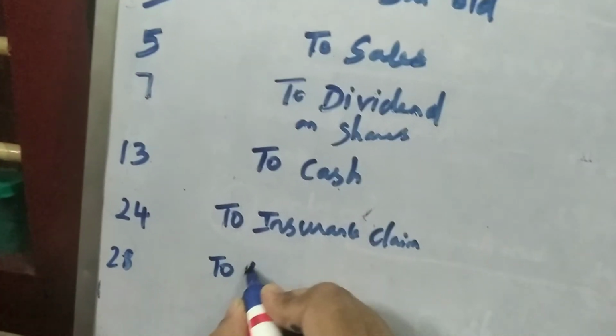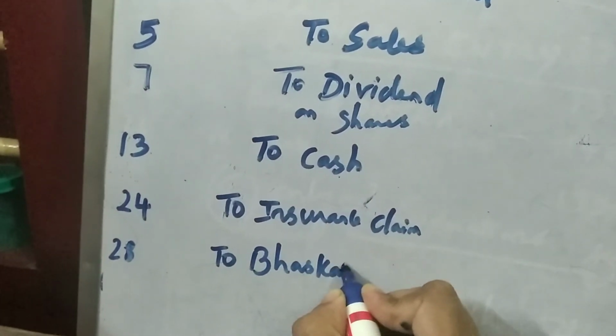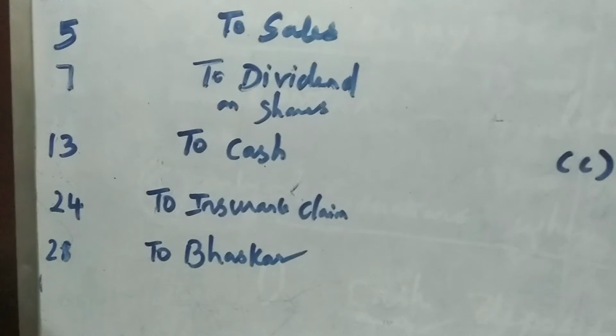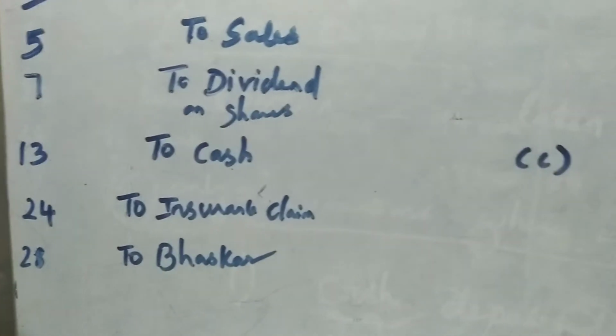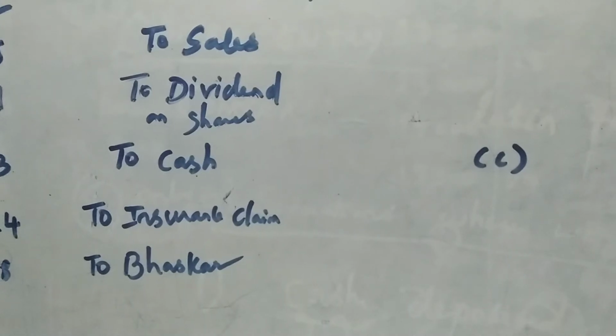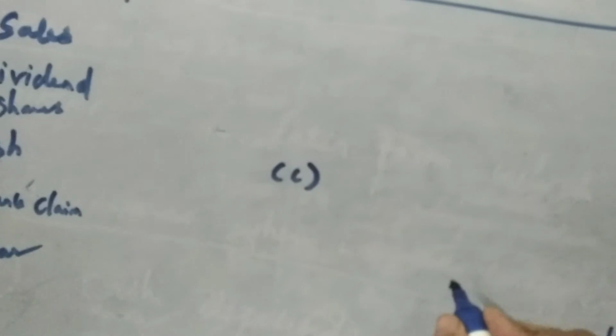To Bhaskar, in the cash column you are writing 15,000, and you are allowing him a discount of 150. So discount allowed 150.